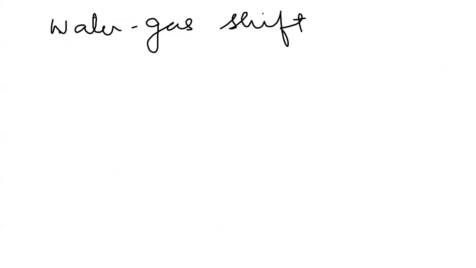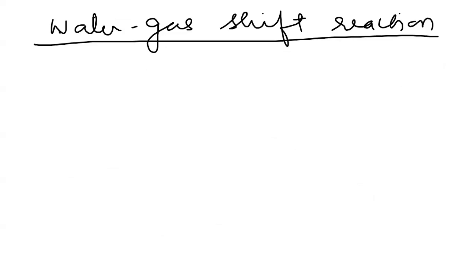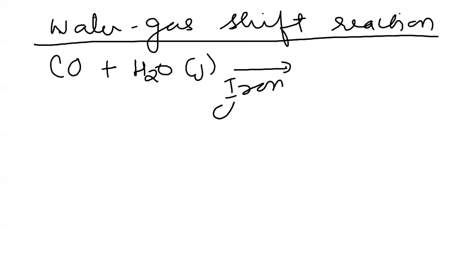Now second is the water gas shift reaction. Basically we take carbon monoxide, which is present in the water gas. Now, when it is reacted with steam, an iron chromate catalyst is used.